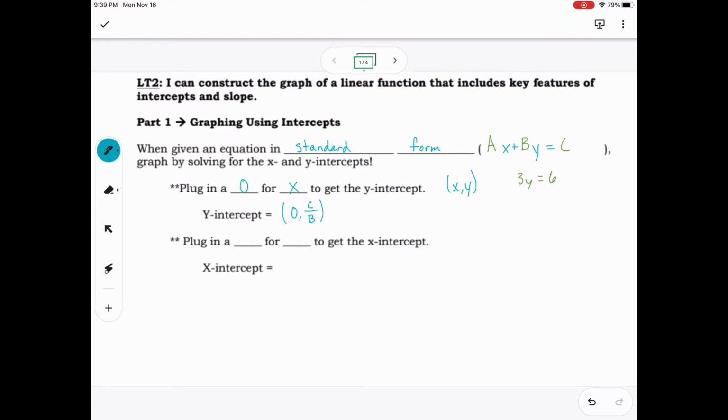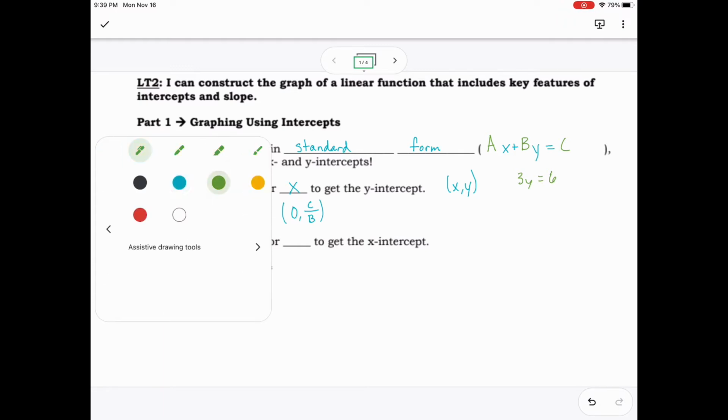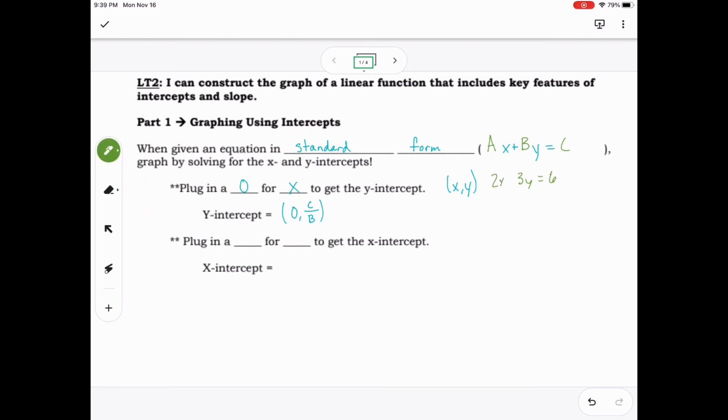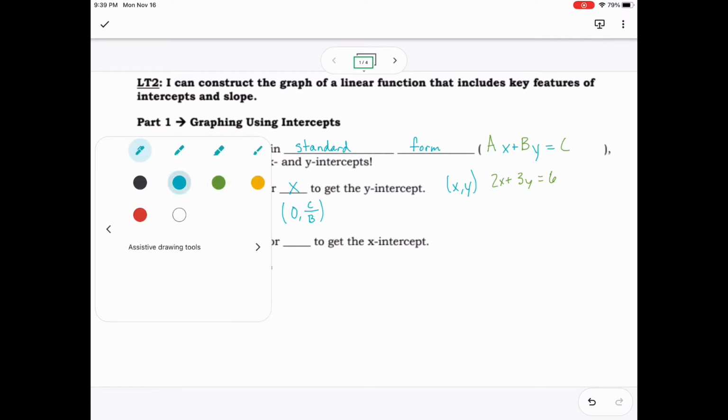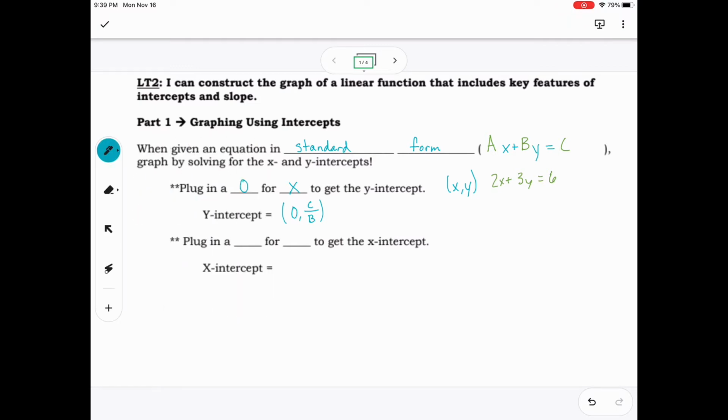Now, if we go back here, let me replace my 2x plus 3y. Now, I want to also find the x-intercept. So in doing so, I'm going to plug in a 0 for the y. And the same idea, when I plug in 0 for this y here, 3 times 0 gets me 0.